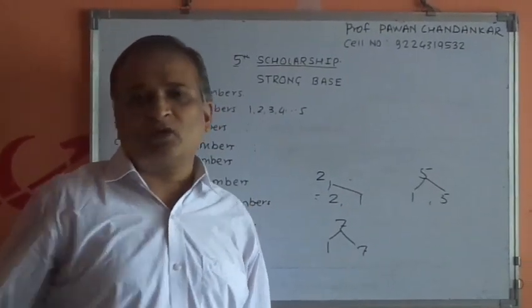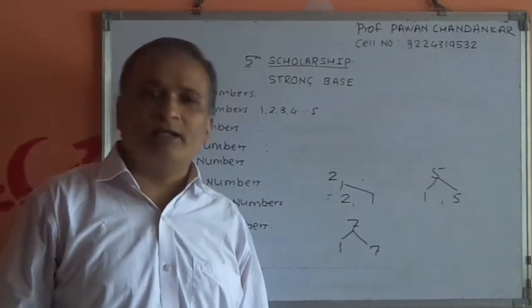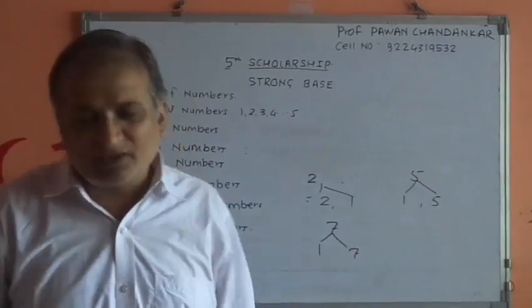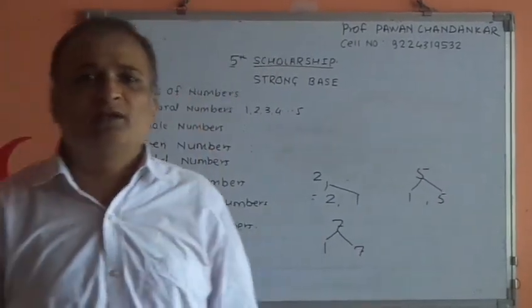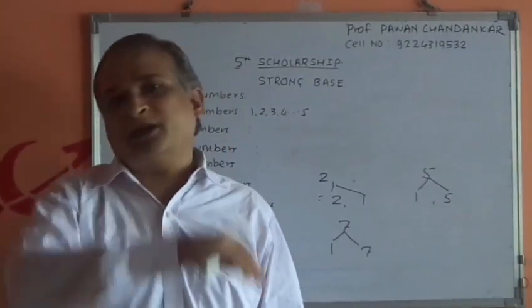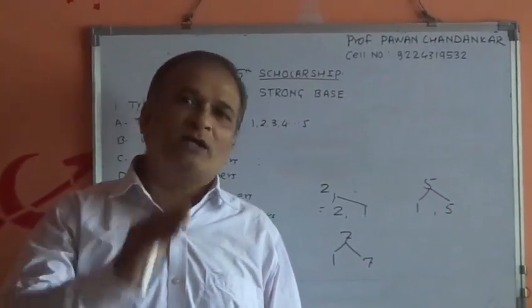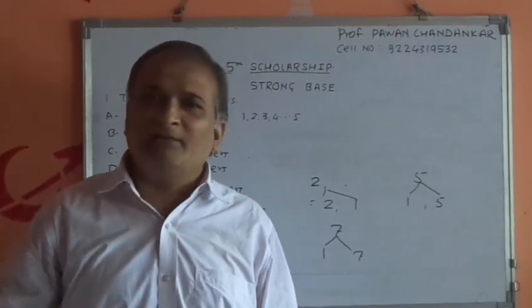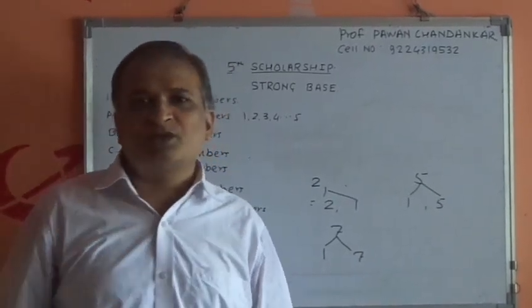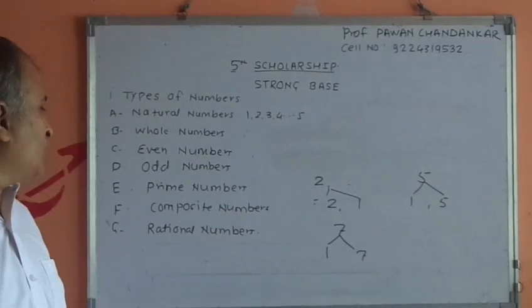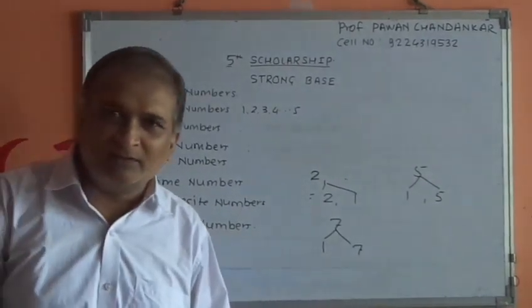So prime numbers are those numbers which have only 2 factors, the number itself and 1. Between 1 to 100, we have in all 25 prime numbers. These are a few examples of prime numbers. Hope you must have understood the definition of a prime number.